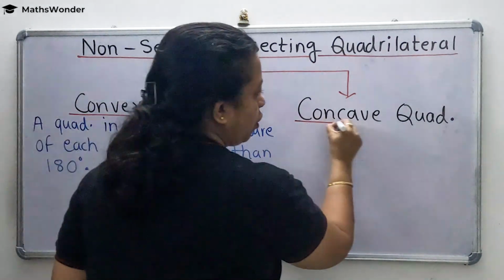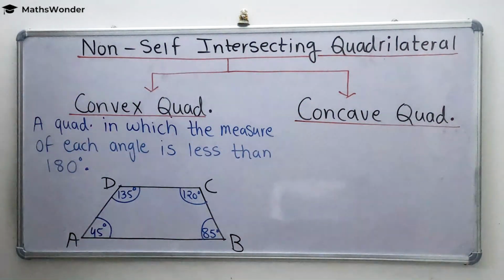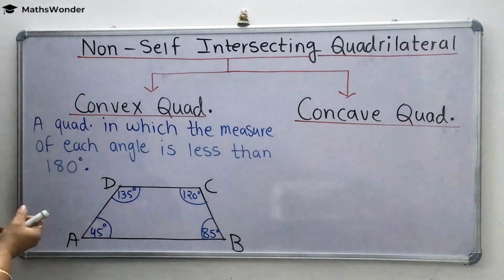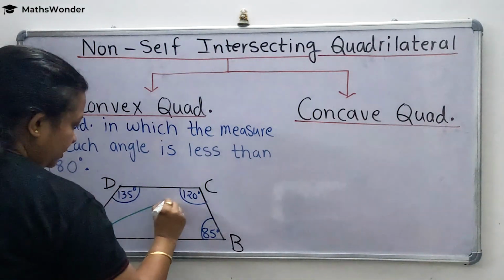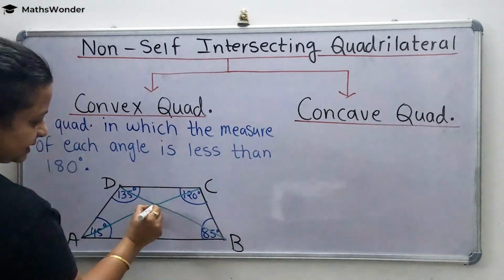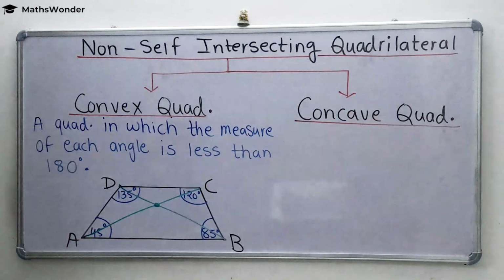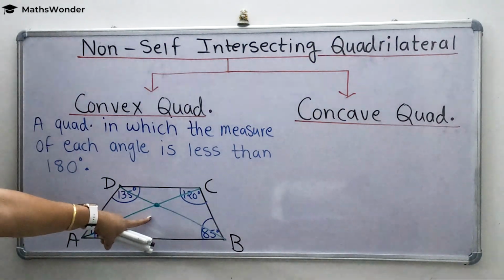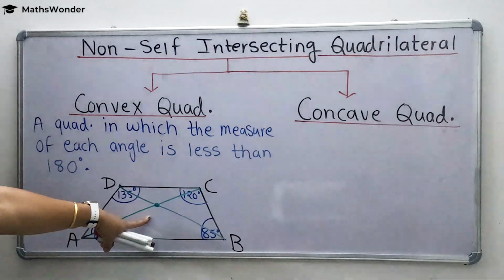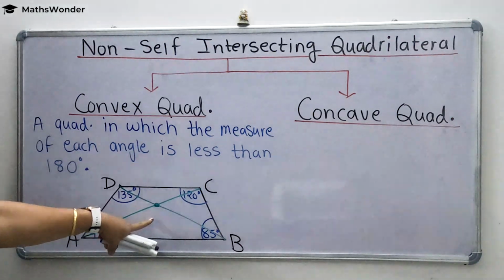Now come to the concave quadrilateral. But first, the important point of the convex quadrilateral is the point of intersection of the diagonals. If you draw the diagonals, the intersection will always be inside. So the point of intersection of diagonals of a convex quadrilateral lies inside the quadrilateral.